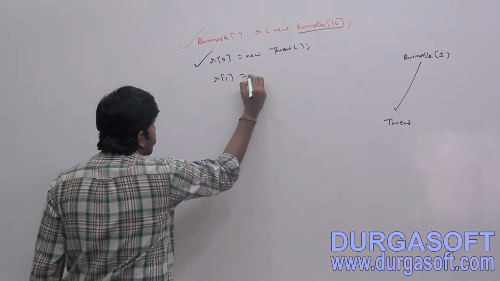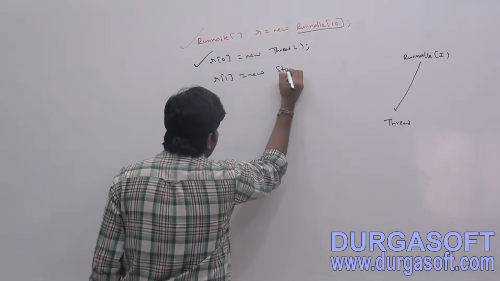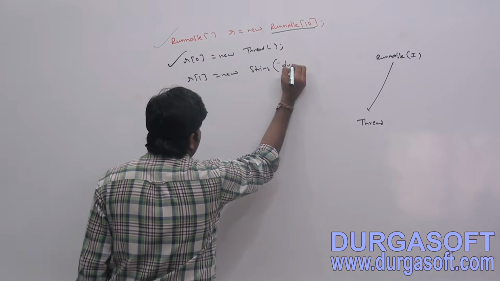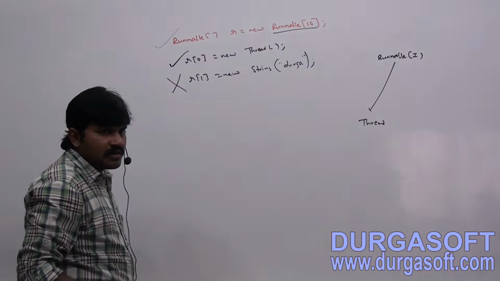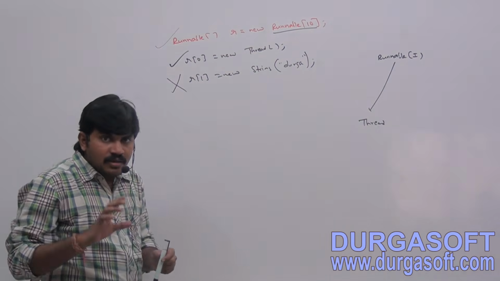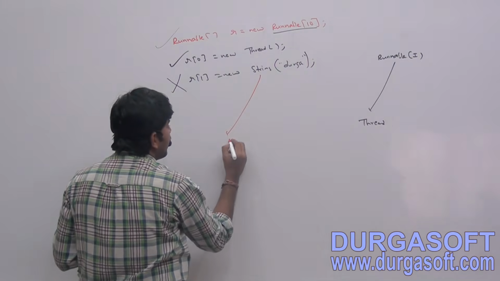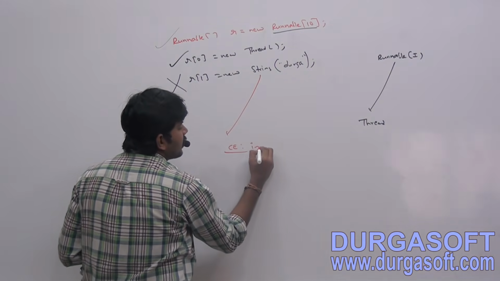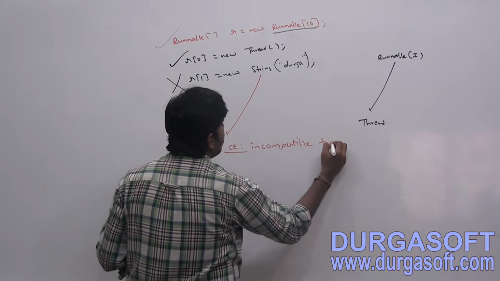r[1] = new String("Durga"). Is it valid or invalid? Invalid, because String doesn't implement the Runnable interface, right? That's why we get a compile time error: incompatible types.